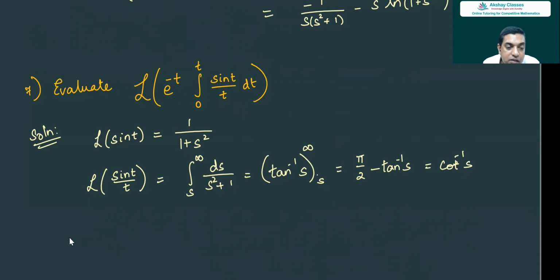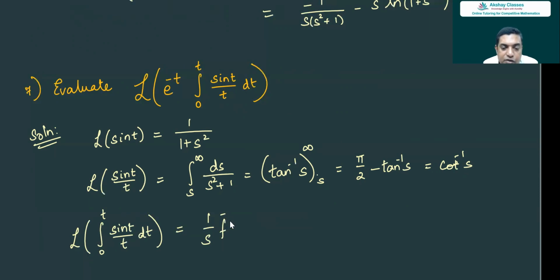Doesn't matter. Now I want the Laplace transform of the integral 0 to t. Now the Laplace transform of an integral is 1 upon s times the Laplace transform of the original function sin t by t. So I get 1 upon s cot inverse s.